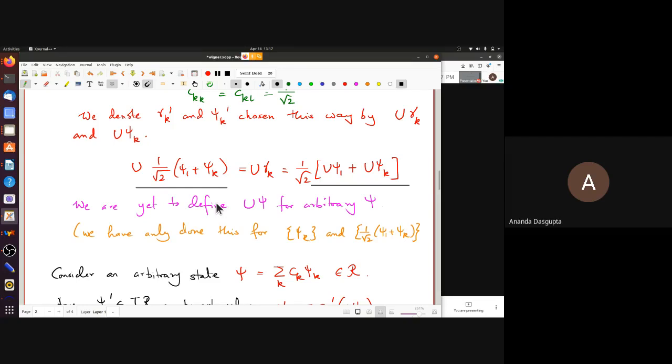Does it tell me what the operator does on every vector? The question is, if I tell you what an operator does on every basis vector, does that tell you what the operator does on every vector? Yes or no?